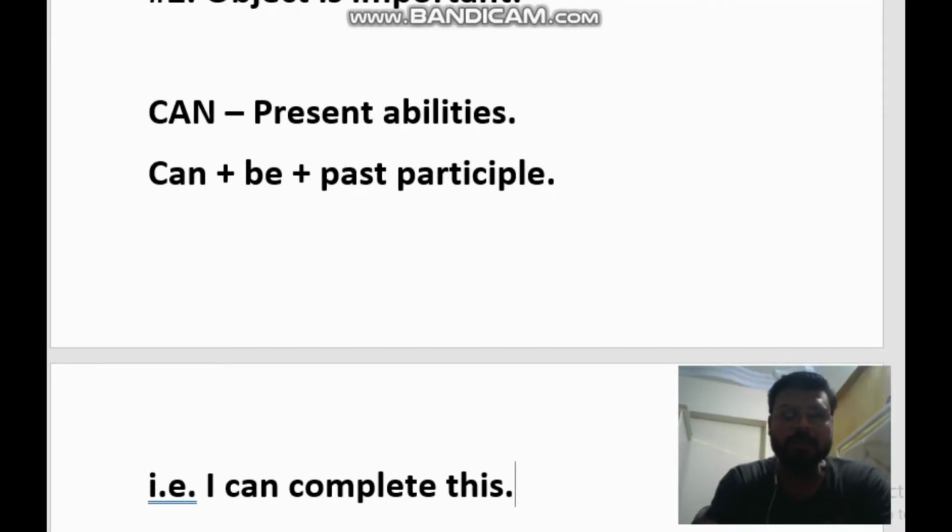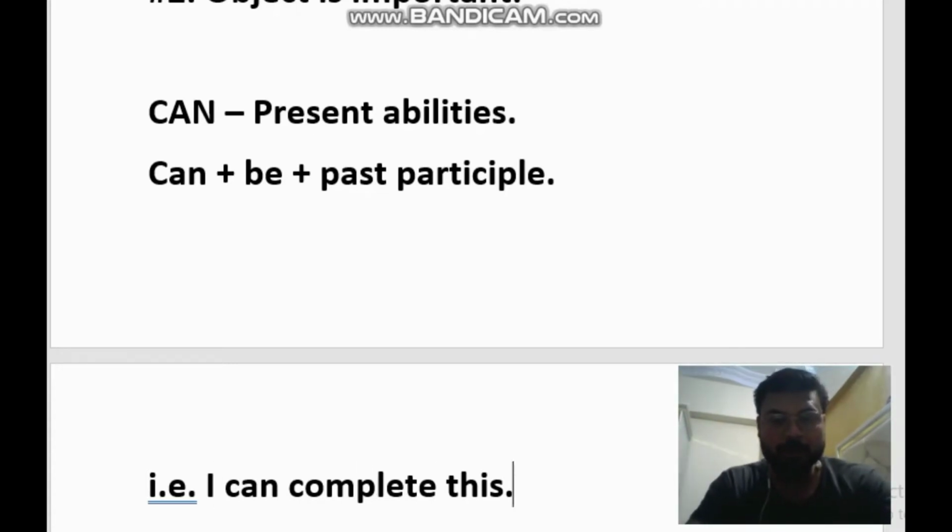So we have an object here, we have a verb here, we have can, the modal verb, and last but not the least, we have the subject. It's the least, by the way, in these sentences, because the subject is not really important when it comes to a passive voice. It's not important to mention, because we use a passive when we do not know the doer or when we do not need to mention it, right?